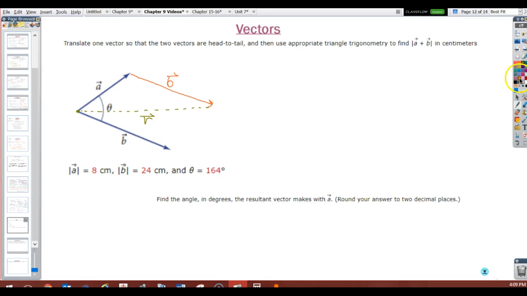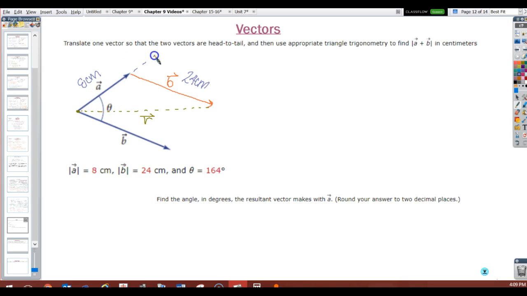We're going to use some of the information that's given to us. I know that vector A's magnitude is 8 centimeters and vector B's magnitude is 24 centimeters. We started out by knowing that the angle theta in between them was 164 degrees, but now that we've had to move vector B, this angle is no longer relevant because it's not part of our triangle.